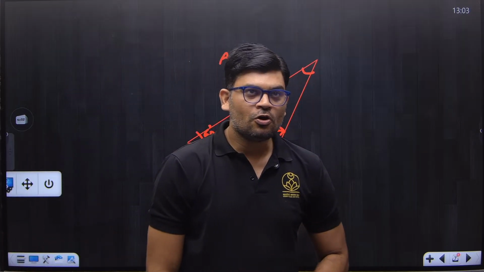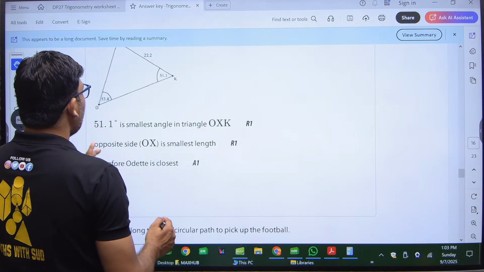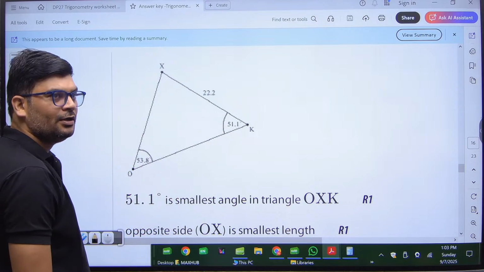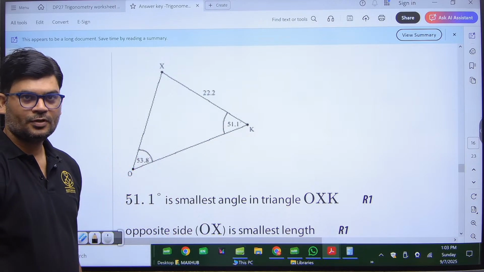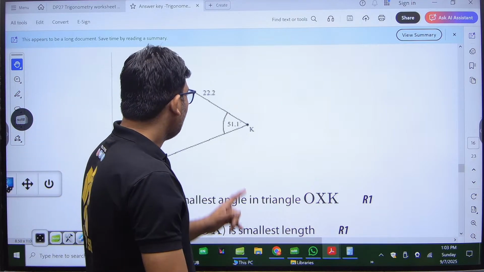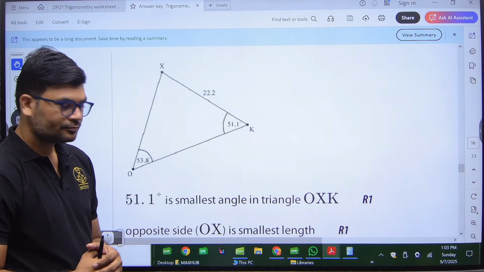So they are buying the logic, simple logic, that in two triangles, one angle is 51 degrees, one angle is 53 degrees. Now tell me which angle is greater, 51 degrees or 53 degrees? 53.